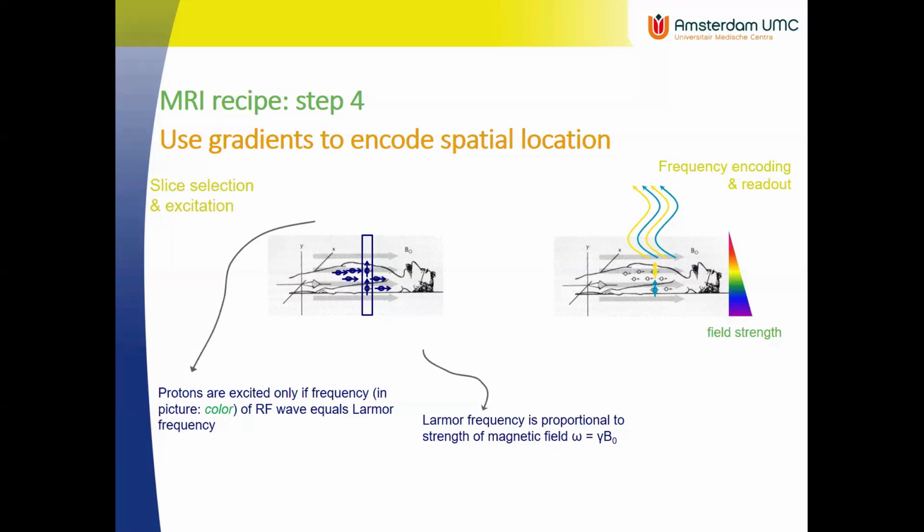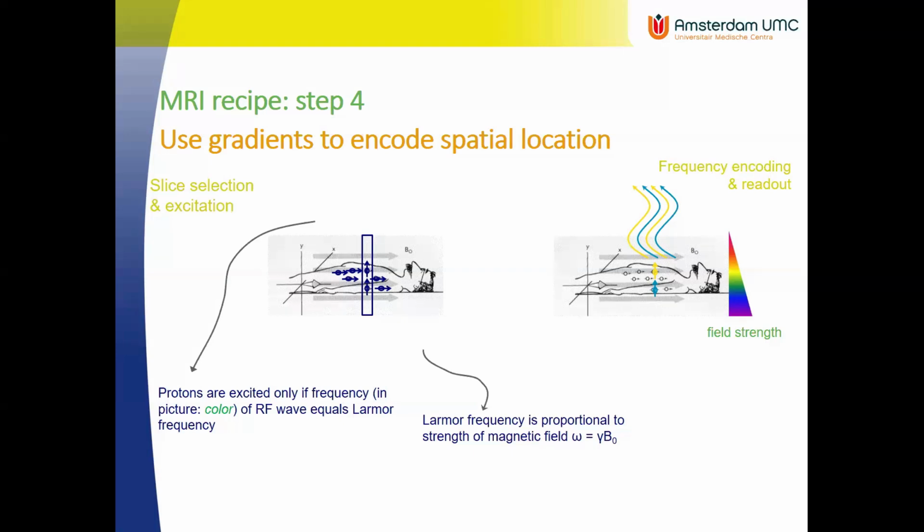So you have the excitation RF antenna, and you also have three sets of gradient coils, one for each direction. You have an X gradient coil, a Y gradient coil, and a Z gradient coil. In this case, I switch on the Y gradient coil, which produces a magnetic field that varies along the Y-axis.